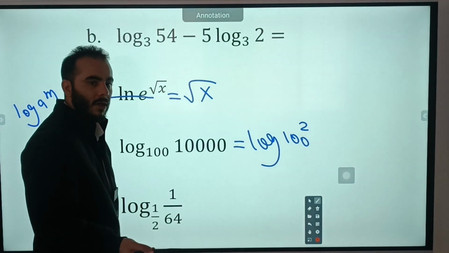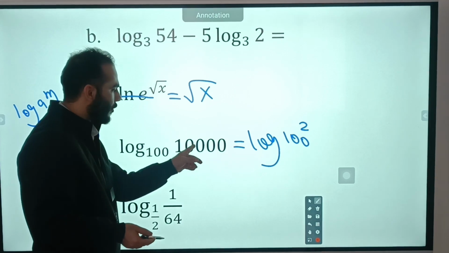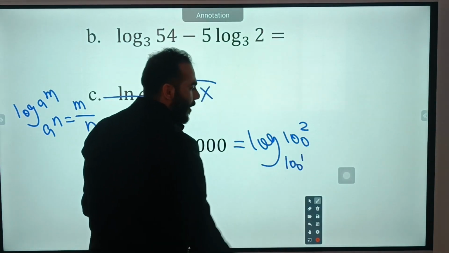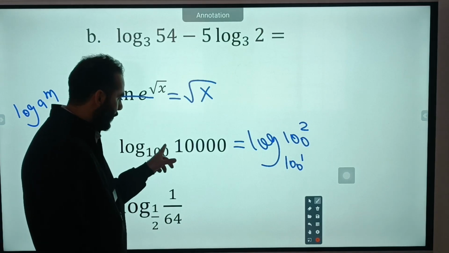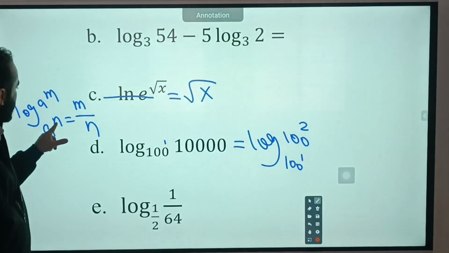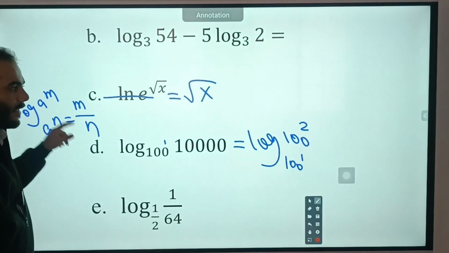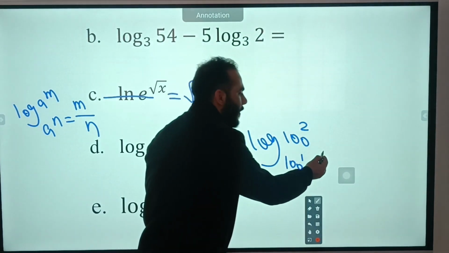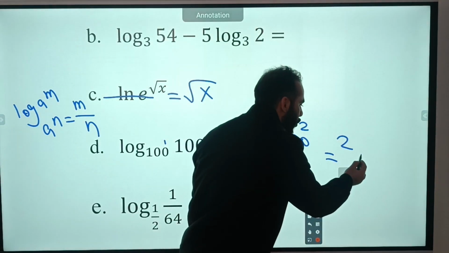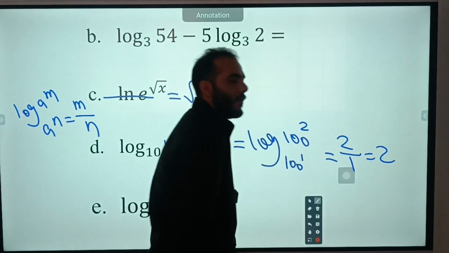Go and check it: 100 squared equals 10,000. And here we have 100 to the power of 1. When there is no power, the power is 1. Look, the bases are the same, so our a is 100. So the result equals m over n, which is 2 over 1. Finally, 2.